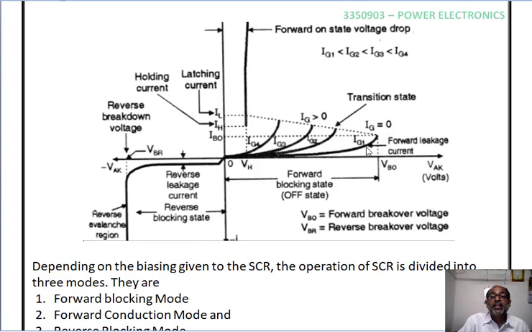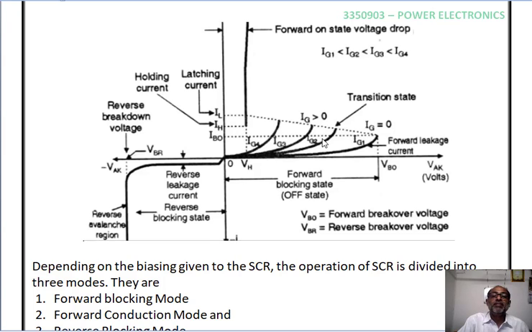As shown in this figure, if we are increasing the value of gate current, here you can say that IG0 is less than IG1, IG1 is less than IG2. That means if we are increasing the value of these gate currents, the SCR comes into conduction mode in very small time.